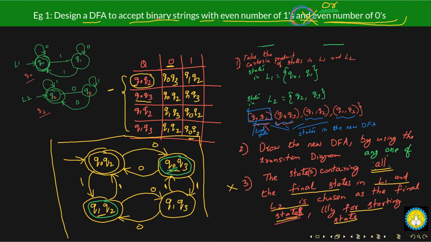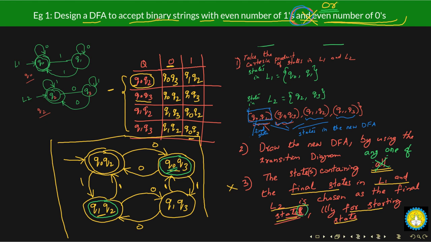Similarly, for the OR operation, instead of all, you can say any one of the final states in L1 and L2 is chosen as the final state. Final states, I should say, there can be multiple final states. So I should say state or states.